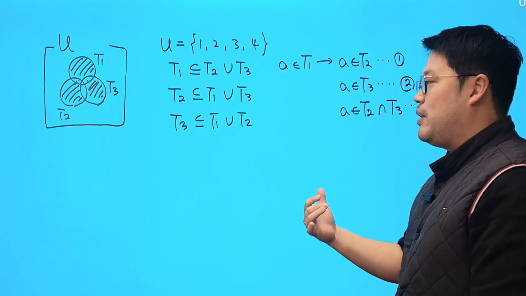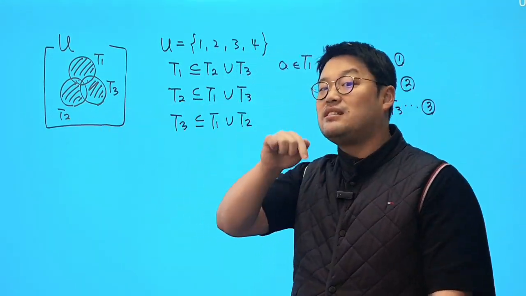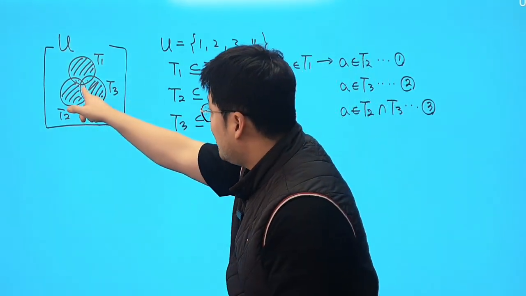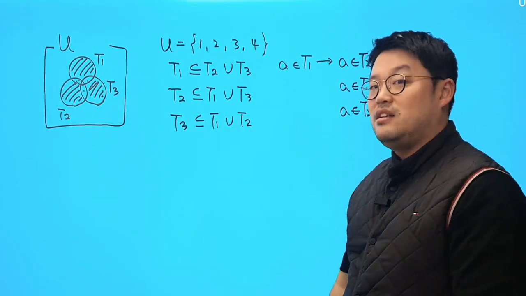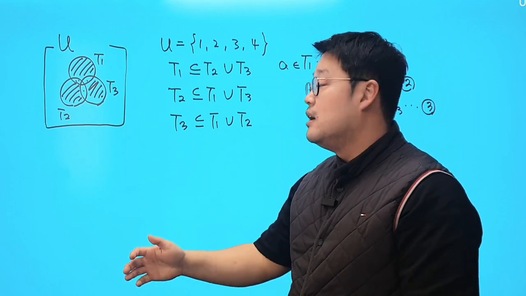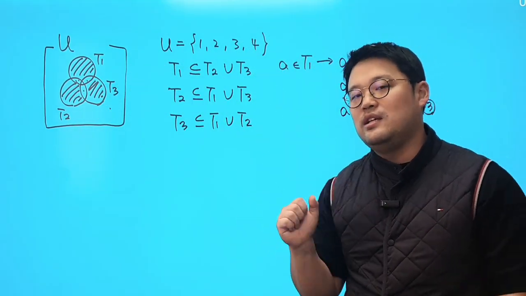And of course, if I just write down the fact that B stays in T2, then B can stay in T3, so I can come up with that fourth region. But what if none of those elements stays inside any of T1, T2, and T3? That's still fine. We still have the last part, which is outside T1, T2, and T3.